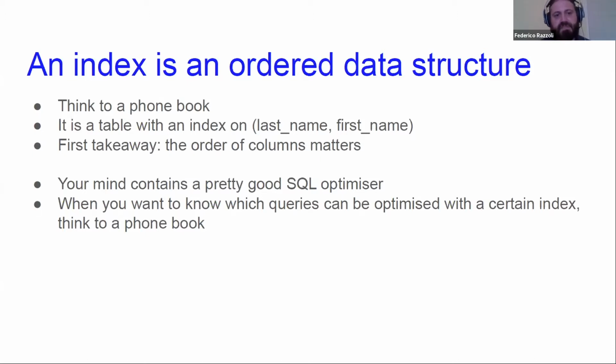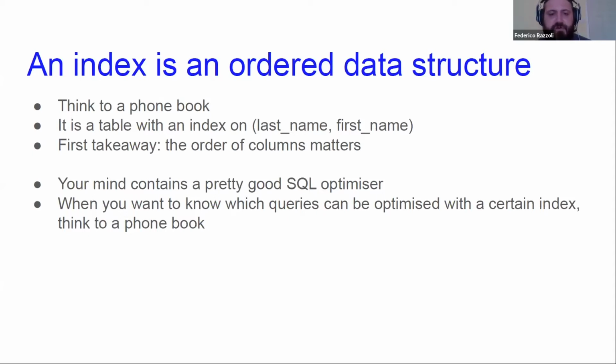So a phone book could be represented in a database as a table with an index on the columns last name and first name, okay? A hint, first last name and then first name. Why? Because the order matters, okay?